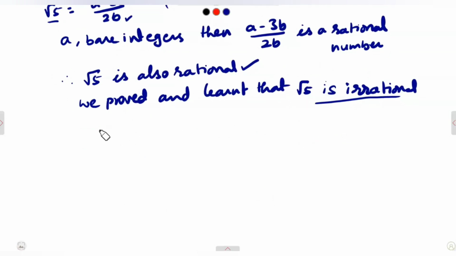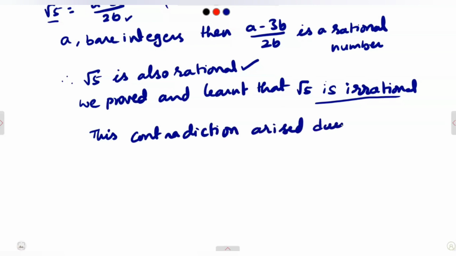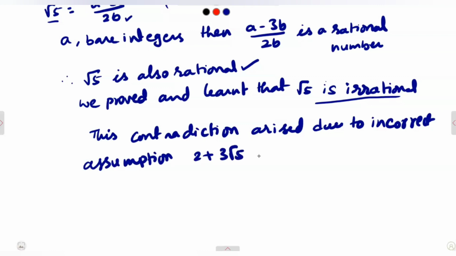This contradiction arose due to the incorrect assumption that, in the beginning, what we thought: 2 plus 3 root 5 is rational, we thought and started.